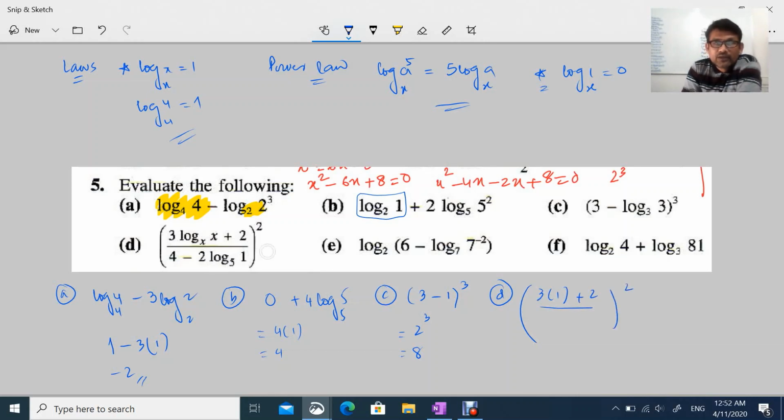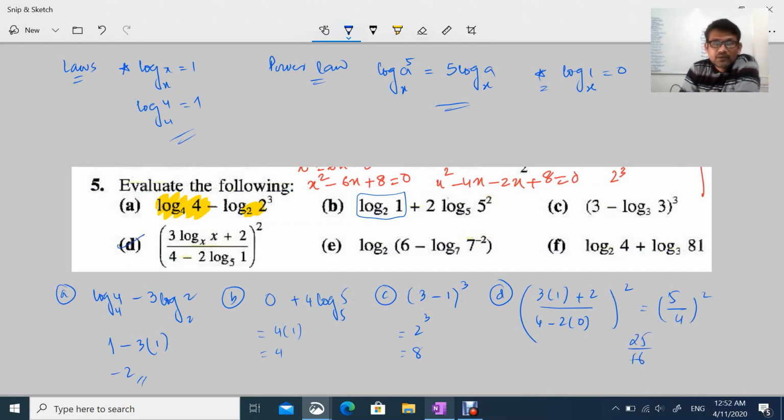Okay, log 5 of 1 is always equal to 0, so we can write 4 minus 2, and that equals to 0. And when we simplify, 3 plus 2 is 5, and this is 0 plus 4, whole square is 25 upon 16, and we have done it.